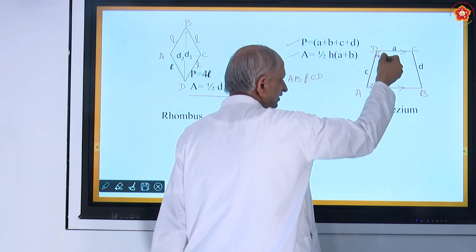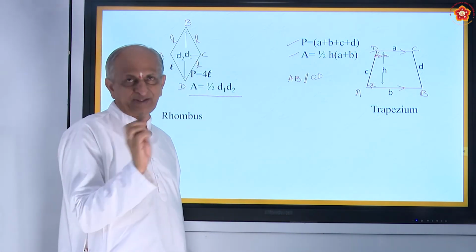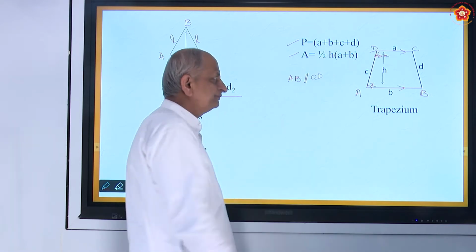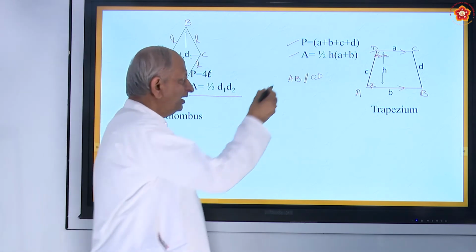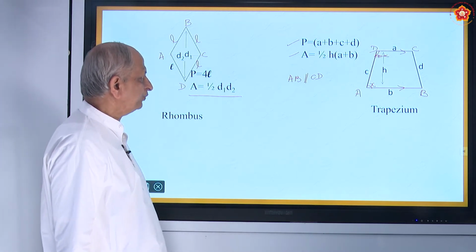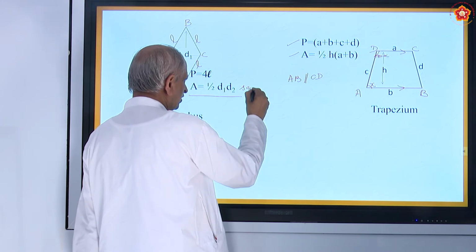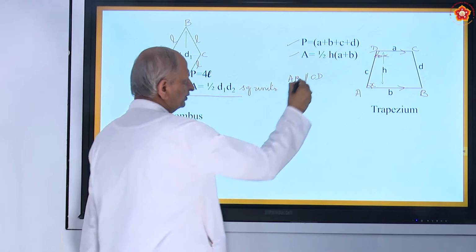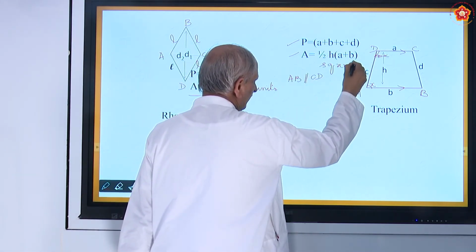Suppose you join a diagonal, it becomes 2 triangles, the area of 2 triangles you must add. In the first case it will be half hA, second case it will be half hB. If you add it, half h becomes common, you get half h into (a plus b) square units. Here also these are all measured in terms of square units. This also, when you write an area, you must write it as square units.